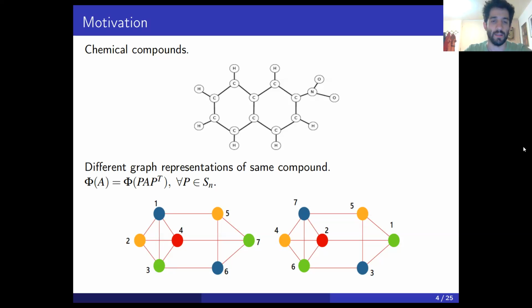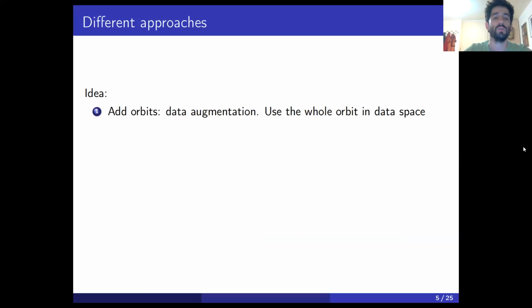Now we have two different approaches on how to construct such symmetric functions. The first idea is called data augmentation, and it is to add the whole orbit.